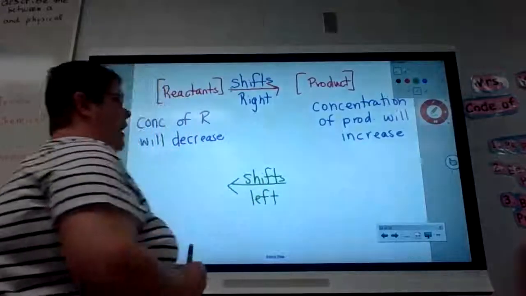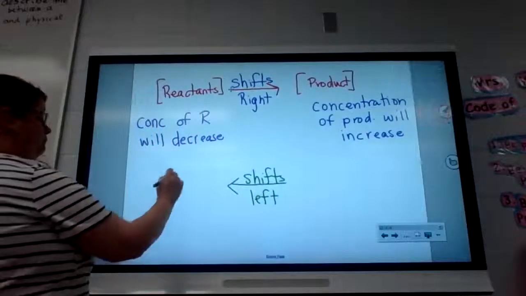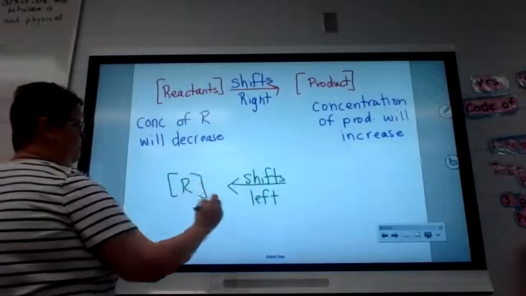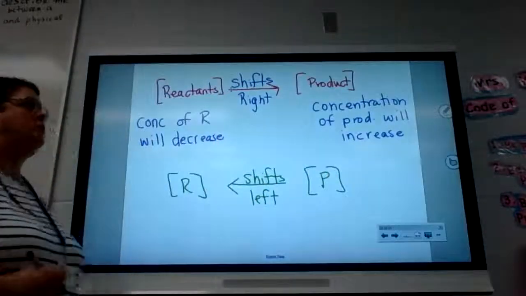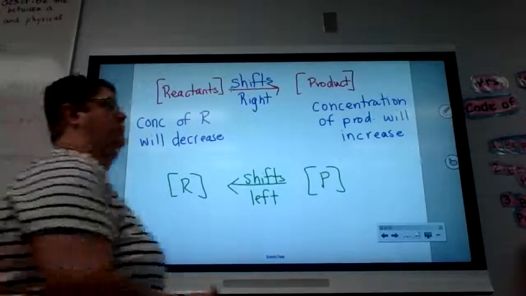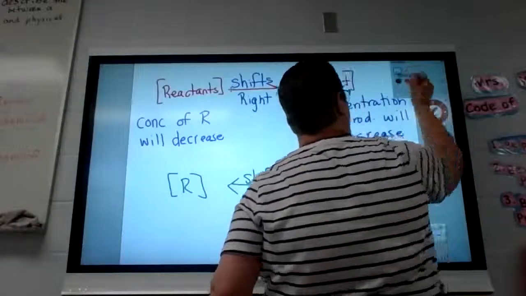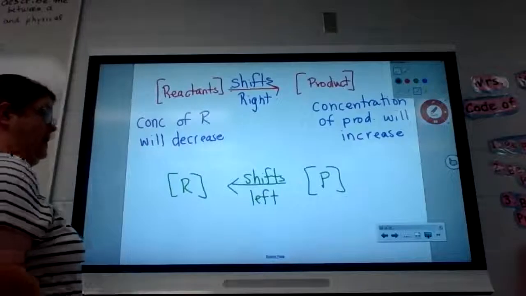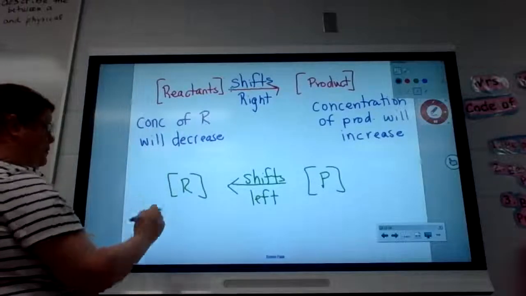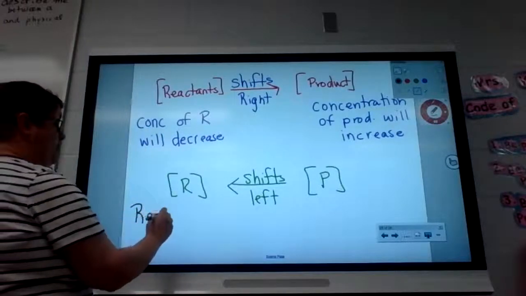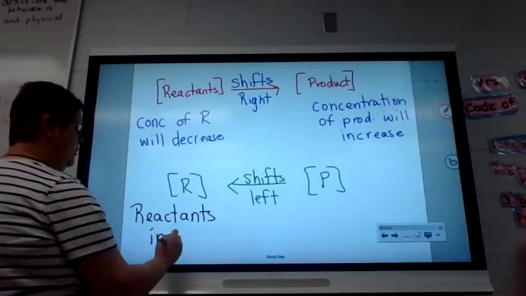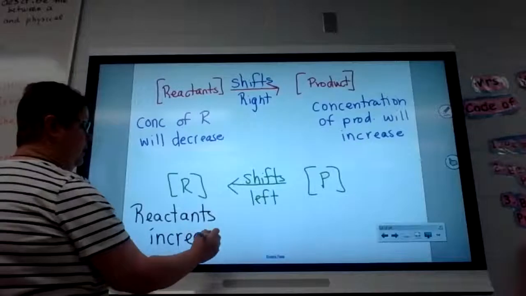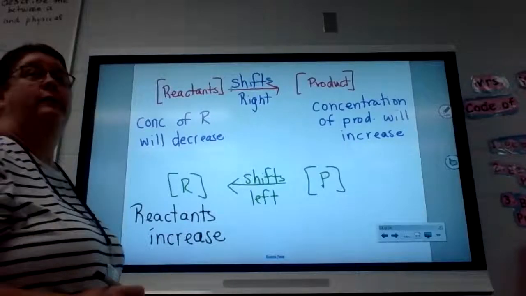The flip side of that is shifting left. So what happens when we shift to the left? That's right. Anytime we shift to the left, the reactants will increase, and the products will do what?